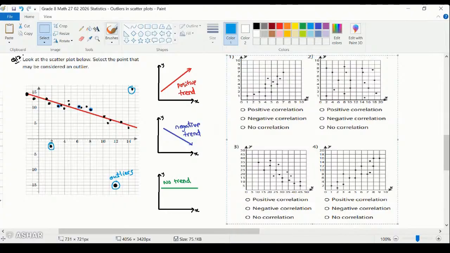Okay, let's say this is question number 13, question 14, question 15, and question number 16. So in this case, I'll highlight the points.